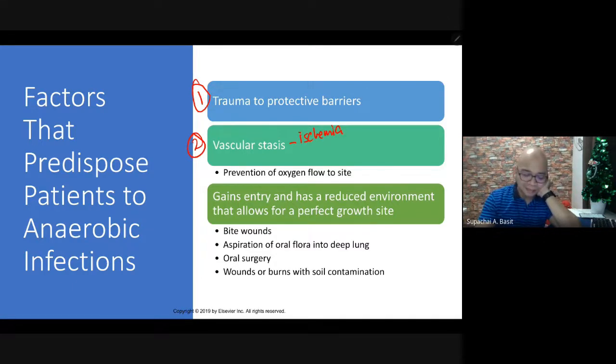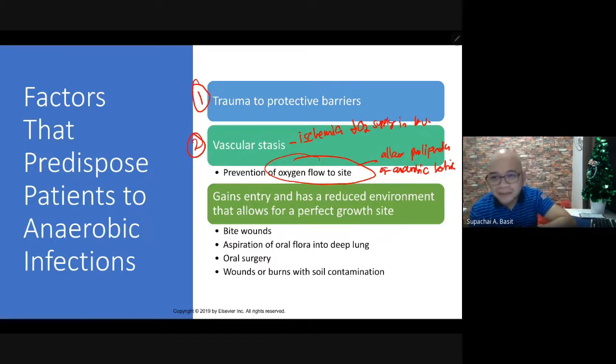When you say ischemia, that is actually due to low oxygen supply in the blood vessel. And since there is a low oxygen supply, you prevent oxygen flow to the site, and this will allow proliferation of anaerobic bacteria.